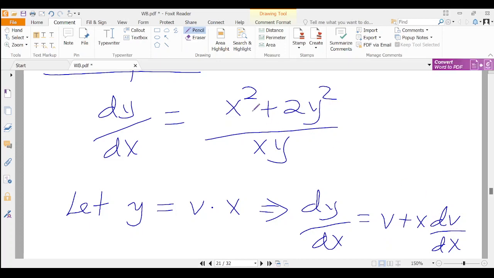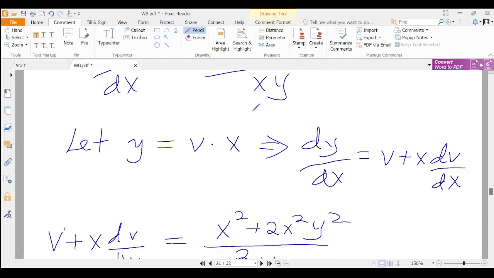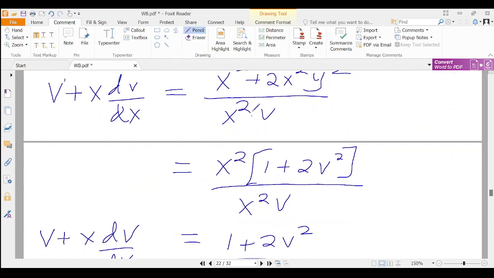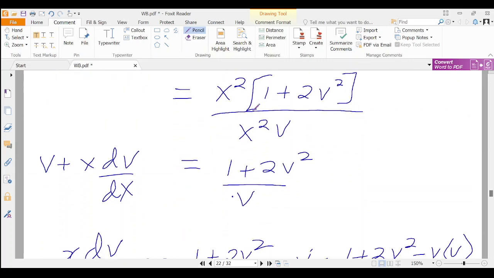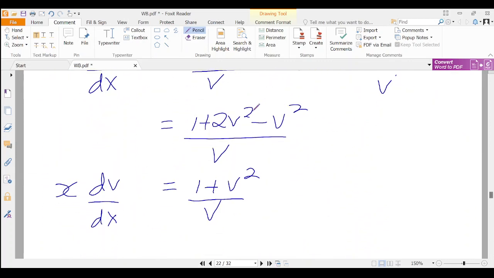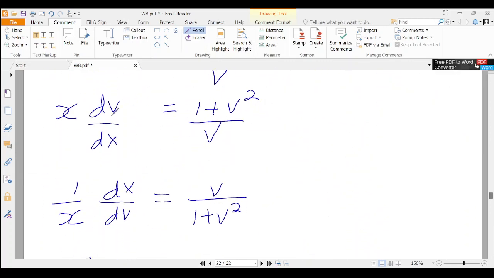Then you substitute this, which reduces the differential equation into a variable separable type. Once you reduce it into a variable separable type, then you separate the variables, then integrate.